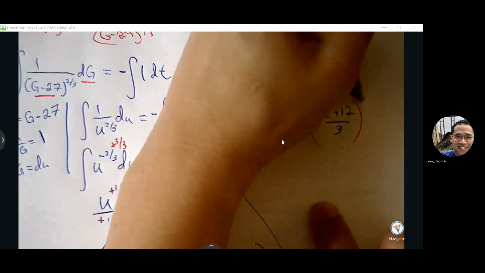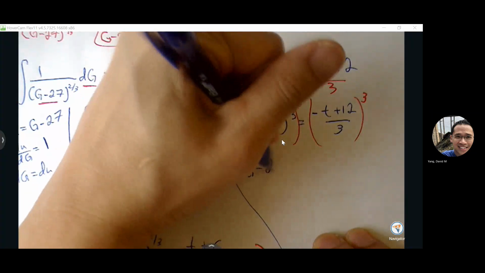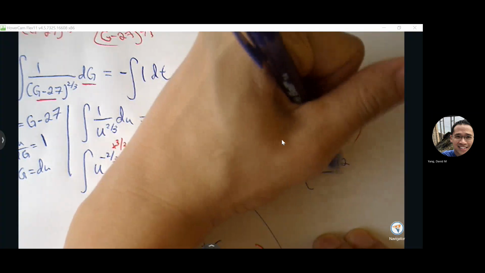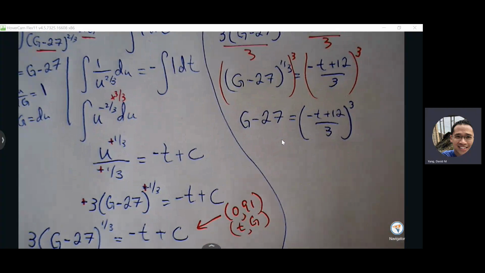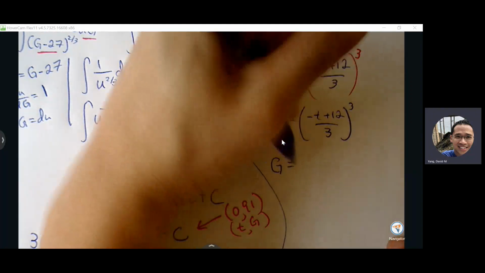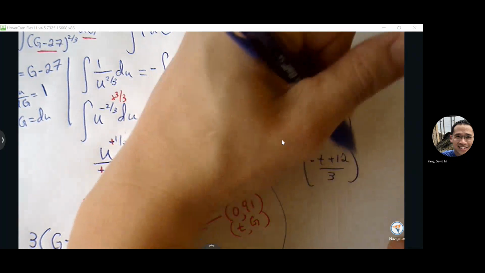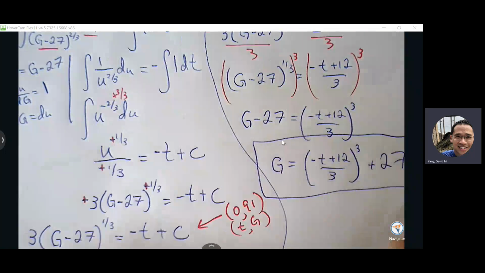Third. Add 27 to both sides, we have G. So there's my G equation.